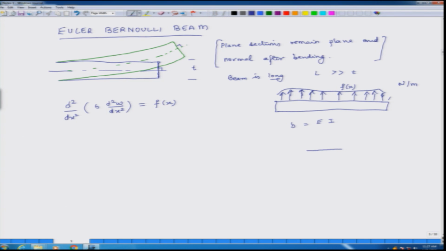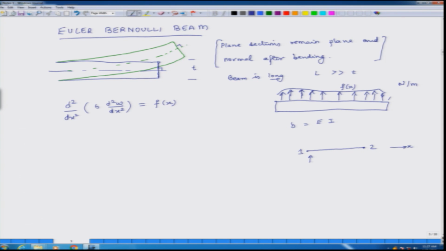A couple of other things, because this is the convention we will use. If I have a small element of the beam which I just represent as a line, and let us say its nodes are 1 and 2, this is my x axis, then W is positive if it is going up.